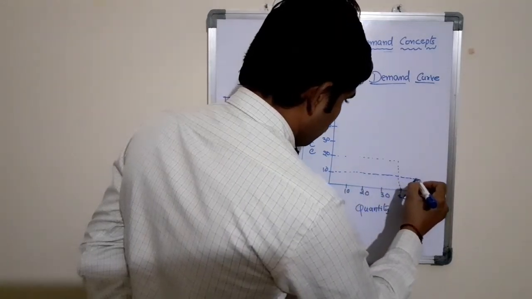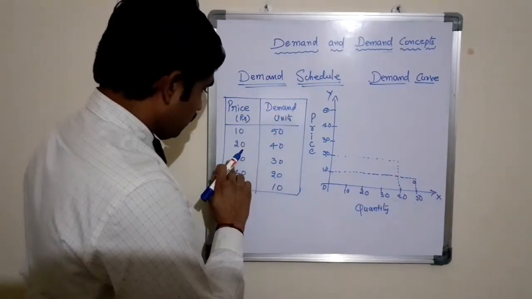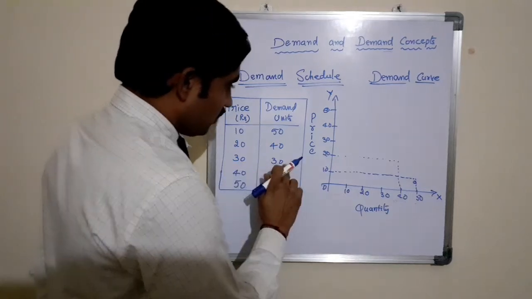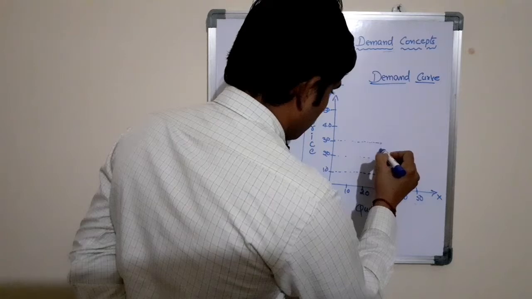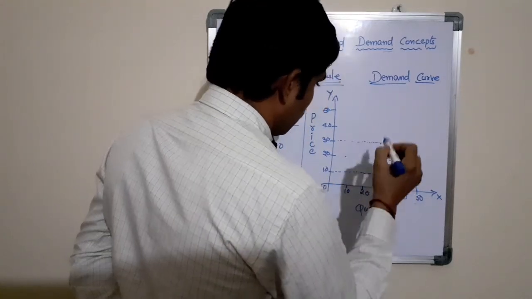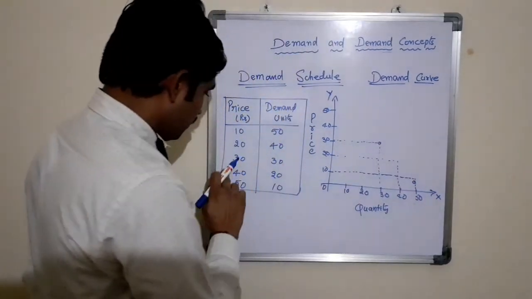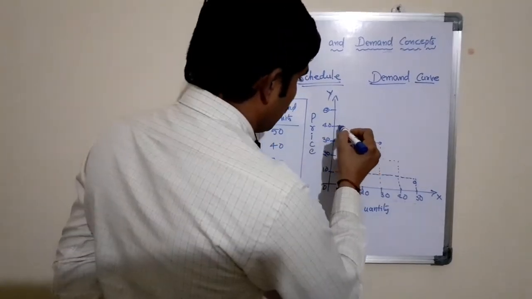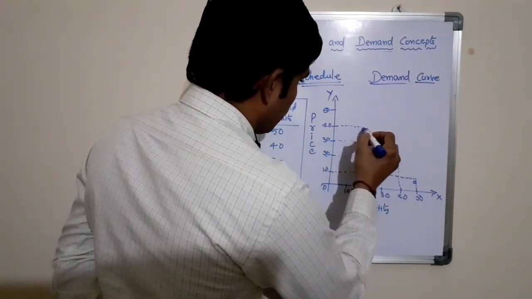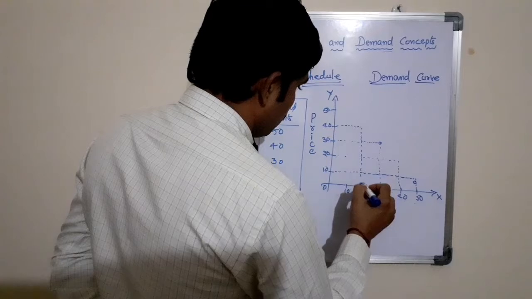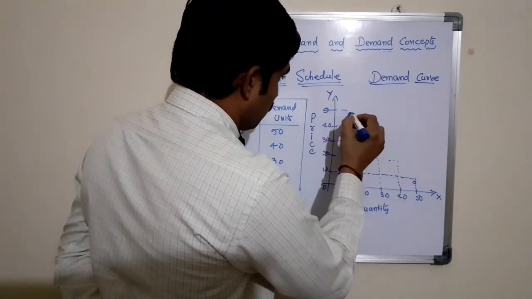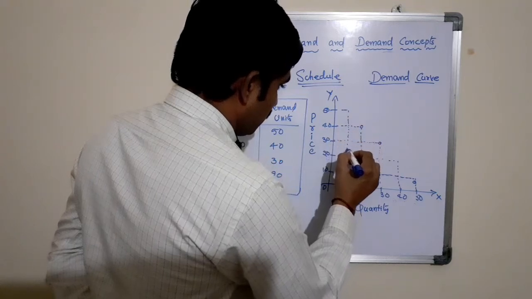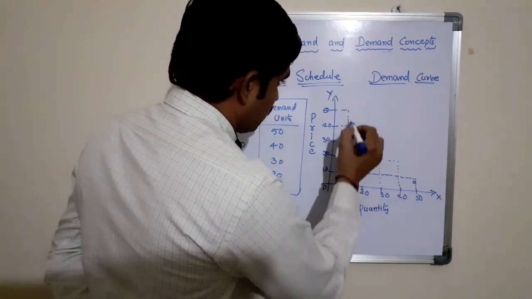At 30 rupees, the quantity demanded of the product is 30. When it is 40 rupees, the quantity demanded is decreased to 20. When the price is increased to 50, the quantity demanded of the product is decreased to 10.